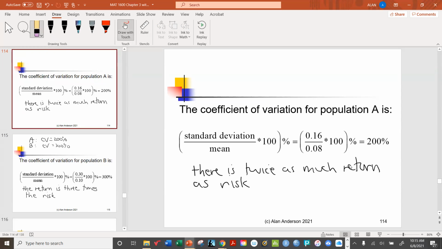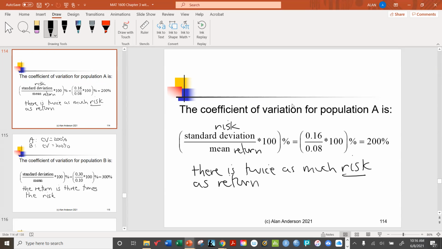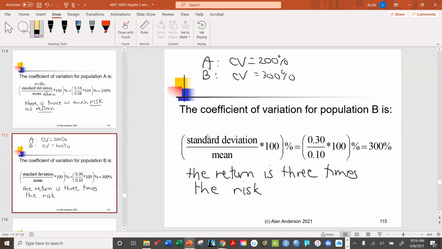I just noticed it now. There's twice as much risk as return. I just got it backwards. It's twice as much risk because risk is in the numerator and the mean is the return. So I got it backwards. Sorry about that. There's twice as much risk as return here. And for this one, of course, that means the risk is 3 times the return.